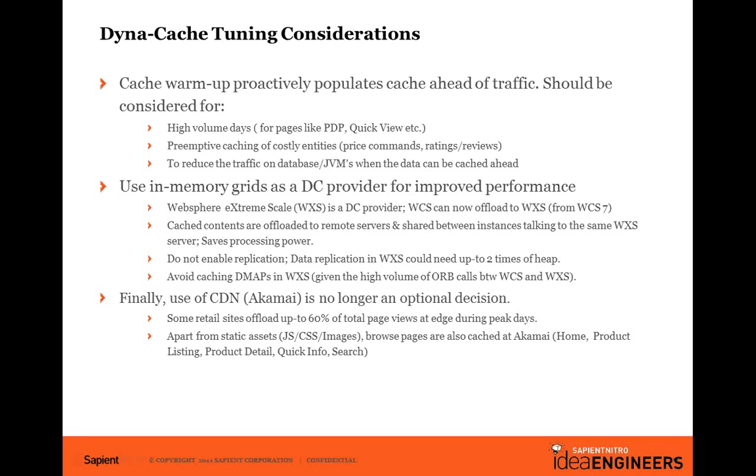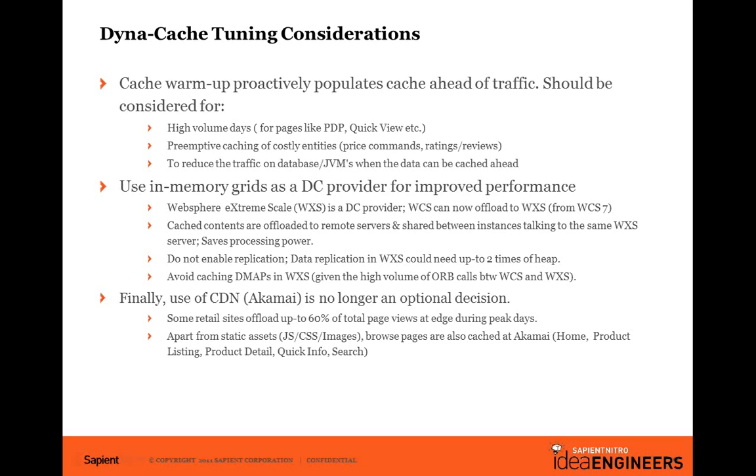So let's say you have 2 data centers, either for disaster recovery or even in an active mode. You need to make sure the cache is replicated efficiently between the 2 data centers. So you will have a WebSphere Extreme Scale installation in one data center and in the second one, and it offers replication services. So consider using a shared in-memory grid if you want to cache a lot of content.